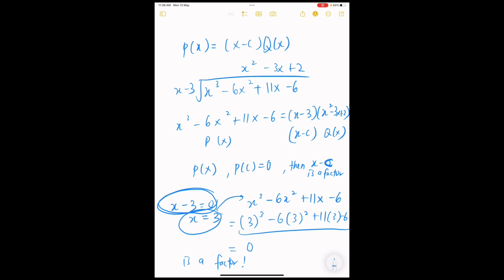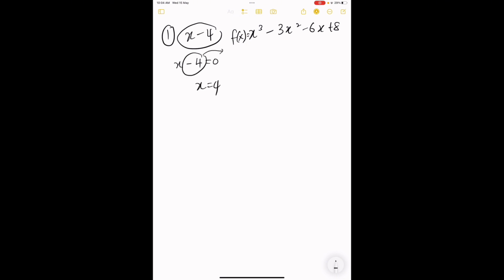Okay, let us do exercise 3.3 together. Number 1: x minus 4 is a factor of x cubed minus 3x squared minus 6x plus 8. So this is your function of x. From this, you equate it to 0 and move minus 4 to the right, and it becomes x equals 4.